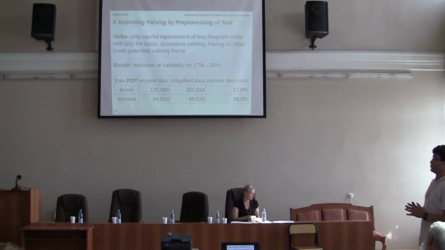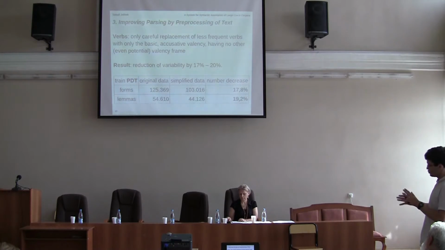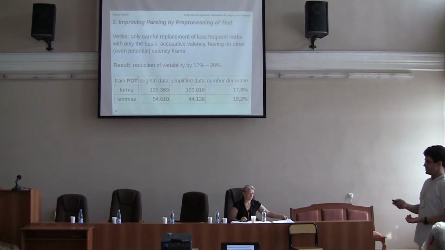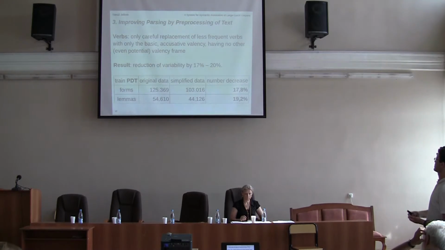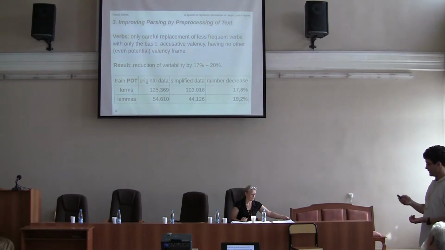It is more difficult with verbs because they have many potential or obligatory dependency frames and so on, but we change some verbs as well. The result for now is a reduction of variability of about 20%. The number of different forms decreased by 18%, number of different lemmas decreased by 19%.